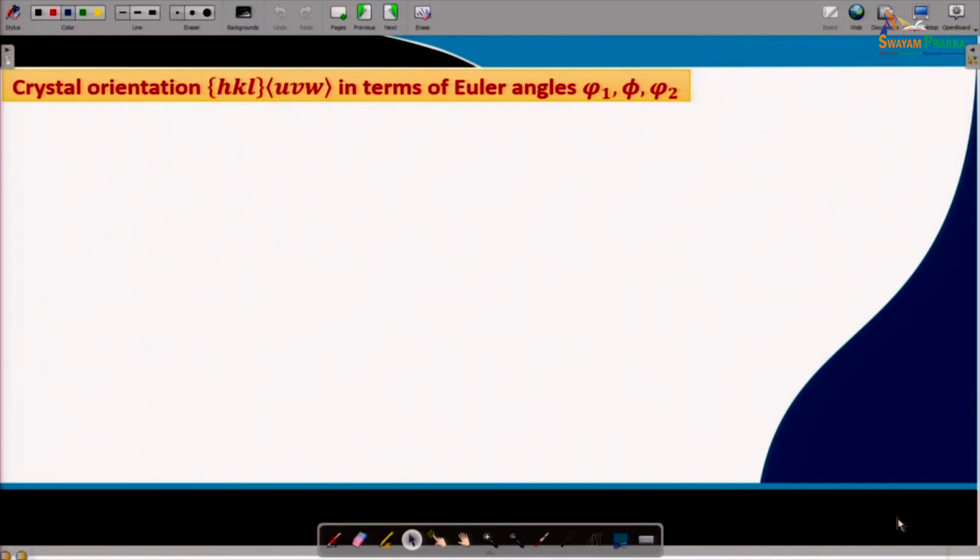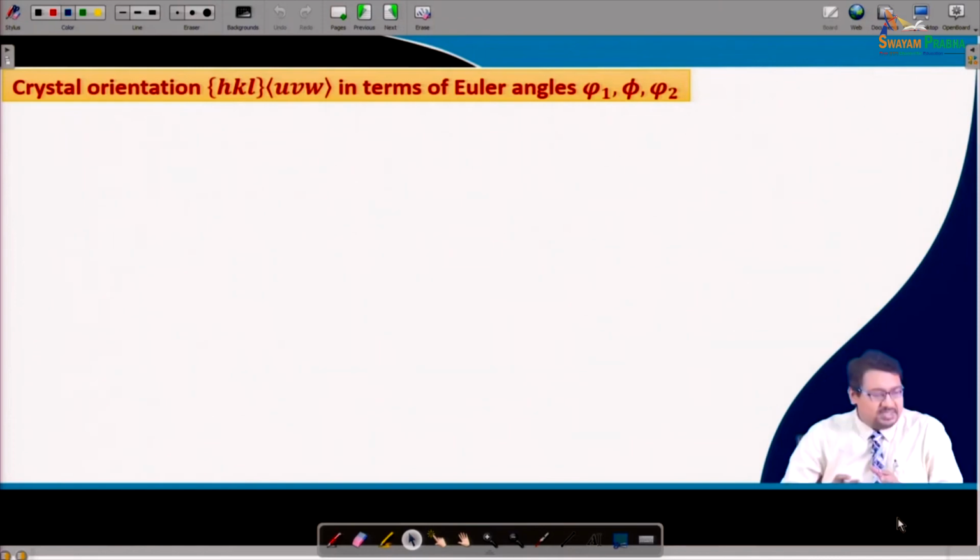We are trying to trace back the Miller indices in the Euler space. So, we are basically trying to construct the Euler space. This lecture is related to the construction of the Euler space utilizing Euler angles phi 1, phi, phi 2.